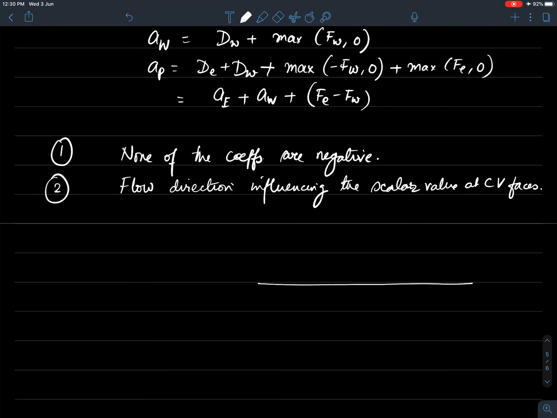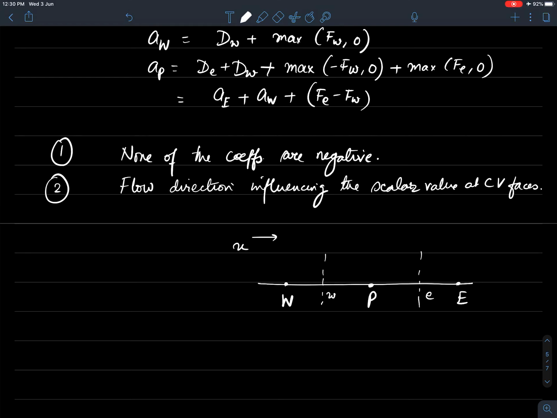So what do I mean by that? Let's consider a scenario where again we go back to the same mesh. We have point P, point E, point W, and for simplicity, let's say the flow is going from left to right.